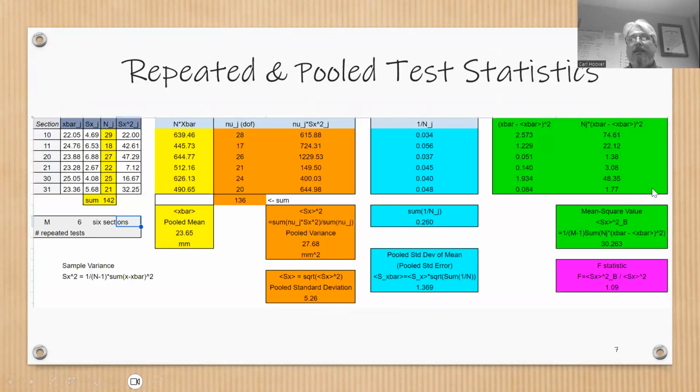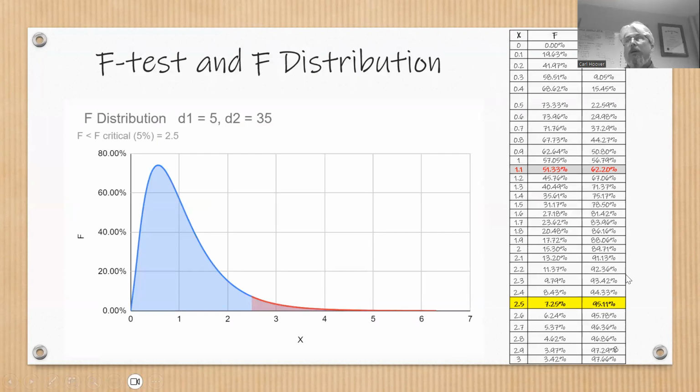So here's what the spreadsheet will look like that we'll go over in a moment. It looks like this when we also add in the F statistic, and we find that our F statistic is 1.09. We'll go over this in more detail in a bit. If we look at a distribution of F shown here for a given degrees of freedom, and we see the data here, F and then cumulative F, we can find a 95% threshold, or where the cumulative percentage probability gets up to 95%.